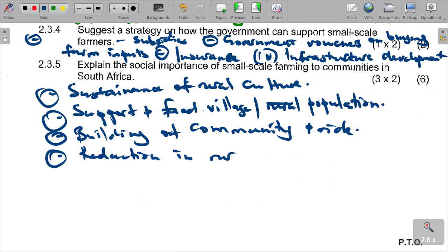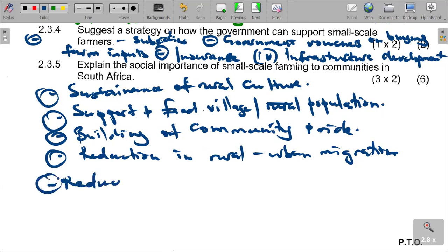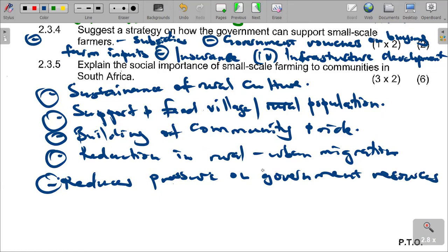We talk about the reduction in rural-urban migration, which is a good advantage that reduces pressure on government resources in urban areas.